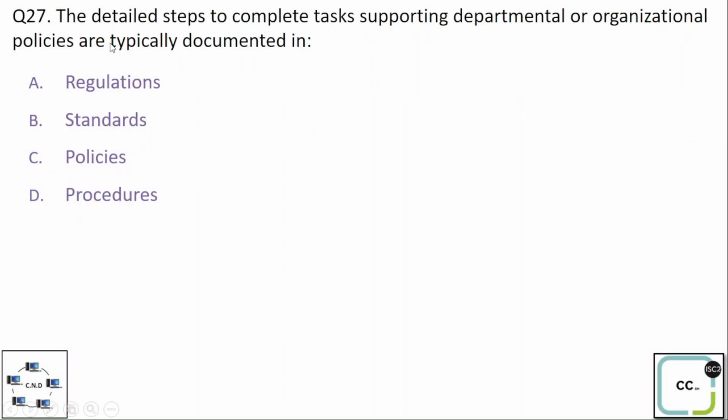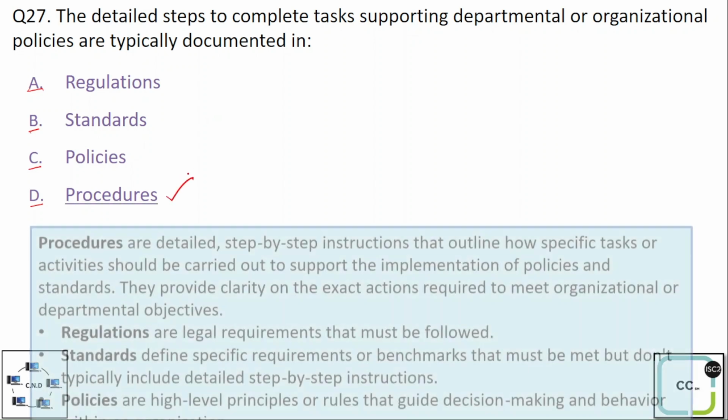Question number 27. The detailed steps to complete tasks supporting departmental or organizational policies are typically documented in option A, regulations, option B, standards, option C, policies, and option D, procedures. And the correct option is option D, procedures.